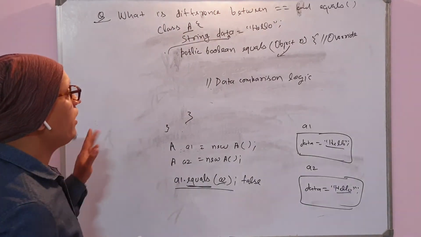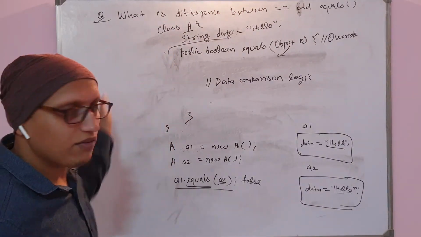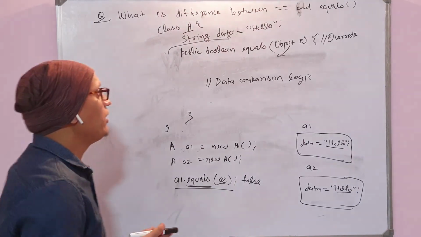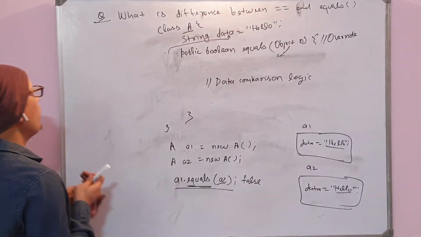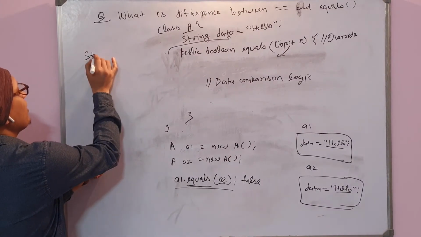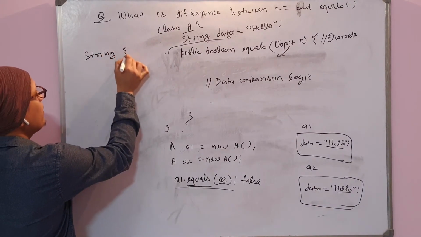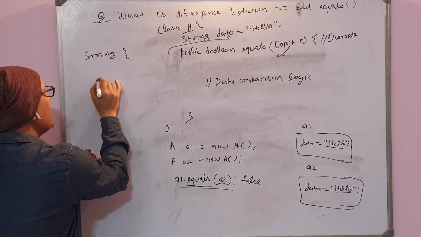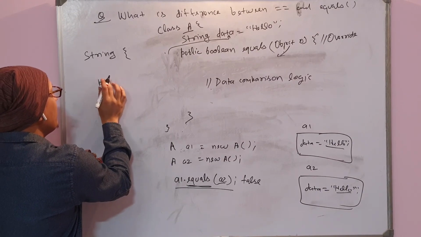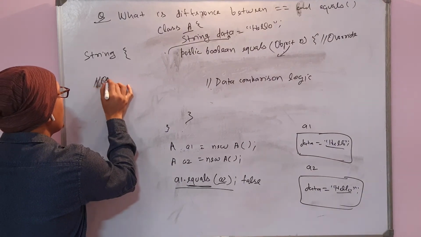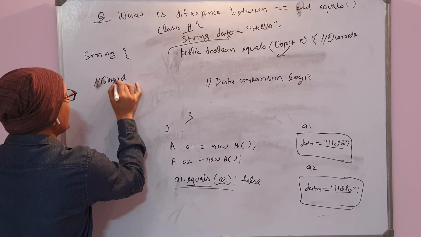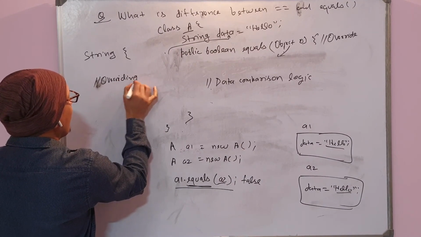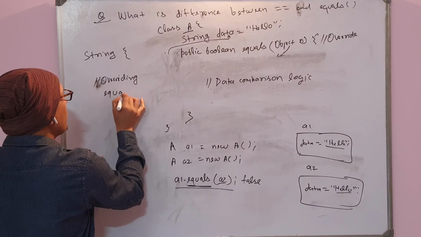So I will repeat everything in one more shot. For a String we have directly used the equals method. Why? Because if you go and see in the String class, it has already overridden the equals method.